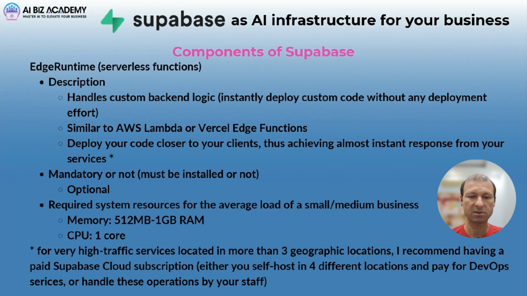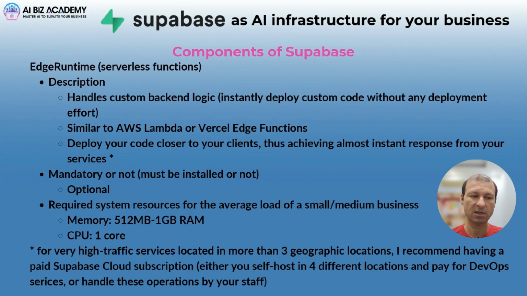Edge runtime. This is the serverless function component. Similar to AWS Lambda or Vercel Edge functions, you can quickly develop functionalities without having to develop separate backend logic. So basically, in the traditional world, you would need a development team to create the application servers that would first host your code, your logic, then you need to deploy it, and then you would need to access the code, the functionality that you created.